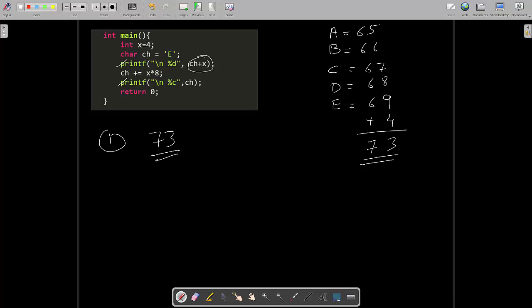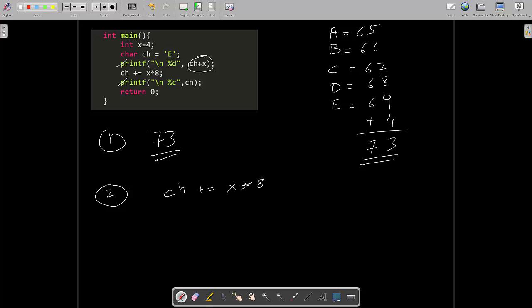For the second expression, the expression is ch plus equal to x into 8.